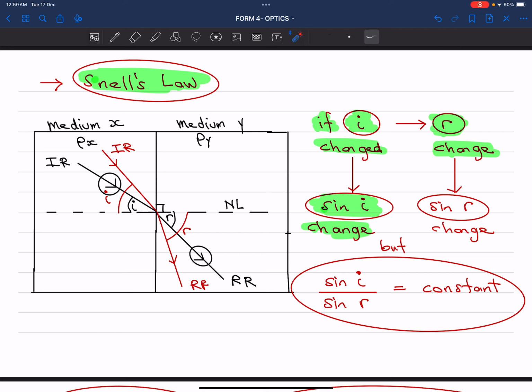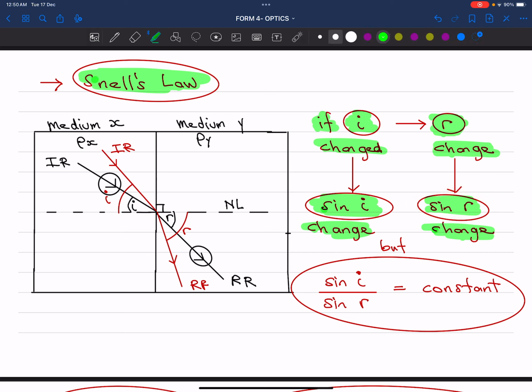And therefore, when the R changes value, the sine of R will also change value. Which means for different I will have different R. Therefore, for different values of I will have different values of R.